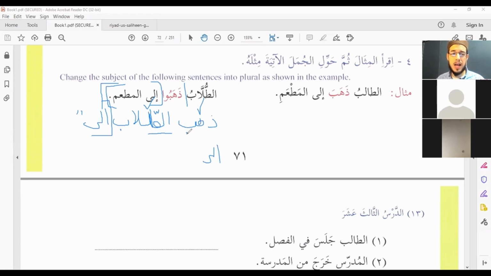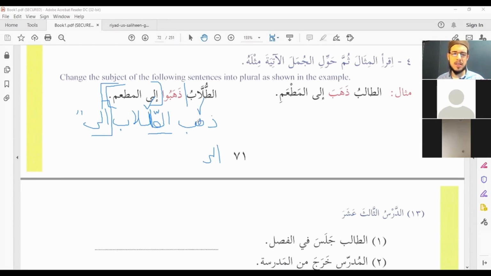Could I say at-tullabu dhahaba ila al-mat'ami, and that technically be a jumla fi'liya in which I've just reordered the words? Possibly. I don't understand what purpose it would serve, because in Arabic we would not emphasize at-tullab by putting it forward.